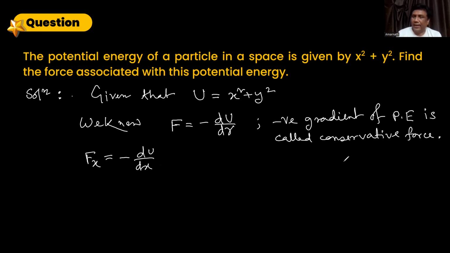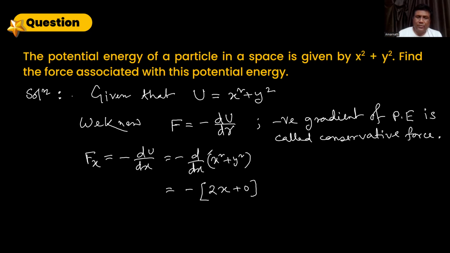Similarly, if I want Fy, it will be minus dU by dy. Here, if you differentiate minus d by dx of x square plus y square, the differentiation of x square is 2x only. 2 is the power, it goes to the place of the coefficient and the power is reduced by 1. And this part will be 0 only.